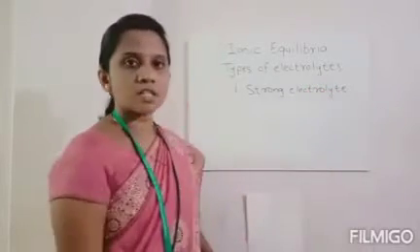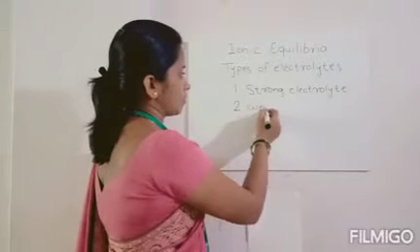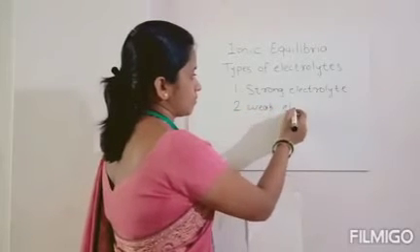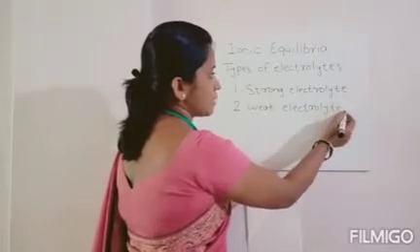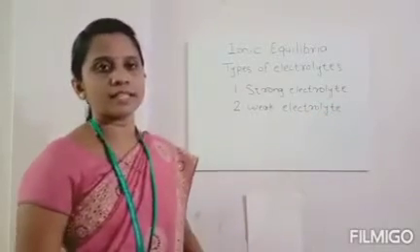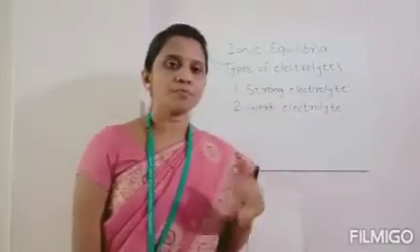First type is strong electrolyte, and the second type is weak electrolyte. What is the difference between the two?